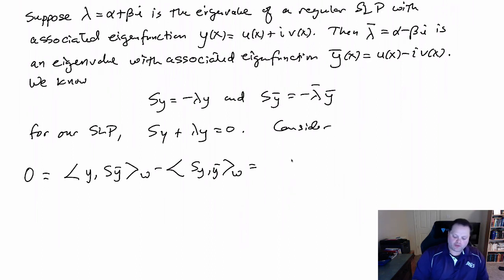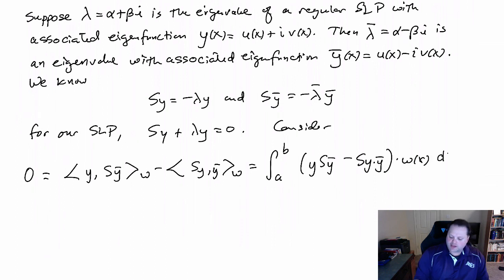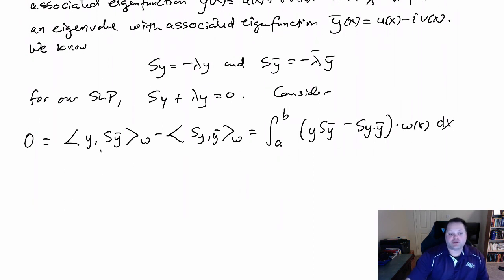However, if we revert to the integral definition, this is y times Sy bar minus Sy times y bar times the weight function w of x dx. That would be the definition of the difference of these two inner products.